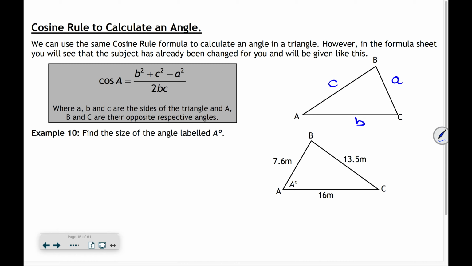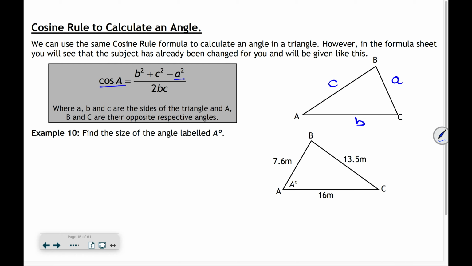Now, what I need you to notice here, when you're working with this formula, you must pay attention to the pattern of the letters. So if I have cos A is equal to b squared plus c squared minus a squared all over 2bc, if I'm asked to find out the size of angle A, then because that's opposite side A, we're always going to be taking away the opposite side.